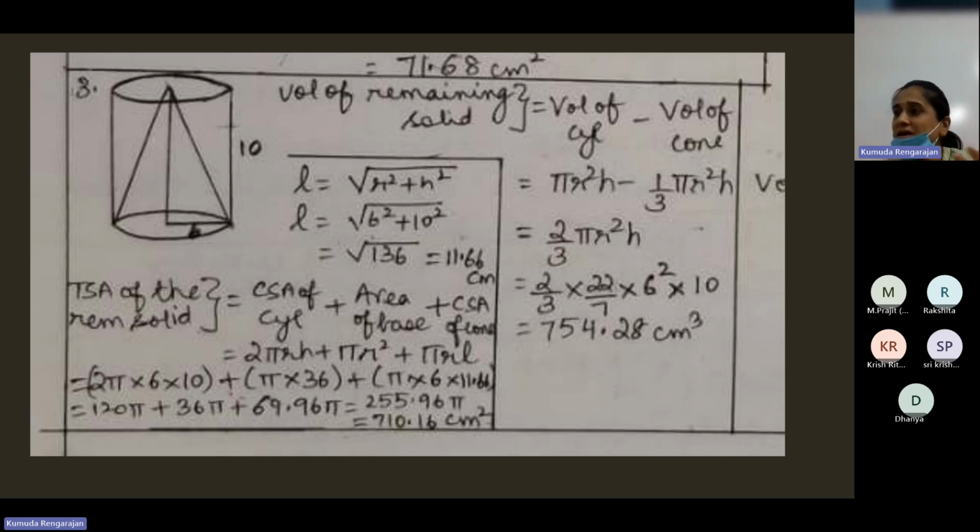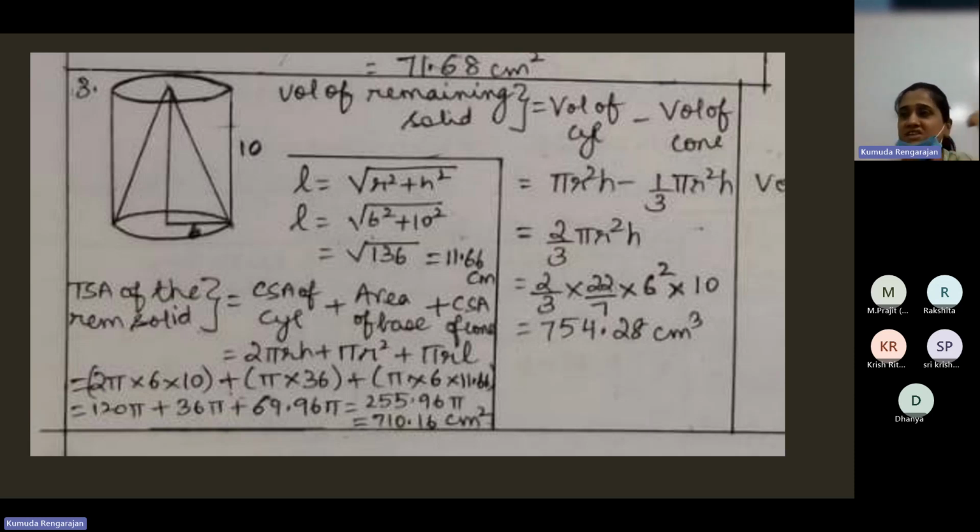Imagine a solid cylinder, say it's a wooden cylinder, and you remove a cone of the same radius and same height. Now imagine the resultant solid, how it would look like. If you have to paint this, where all can you paint?